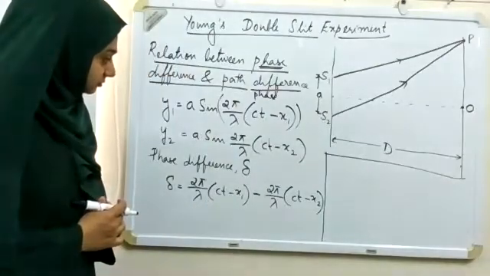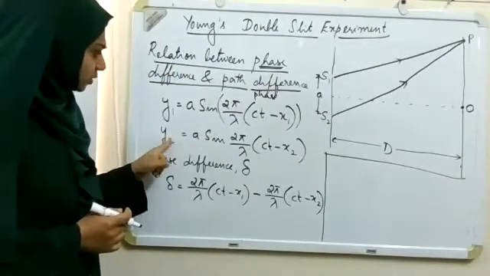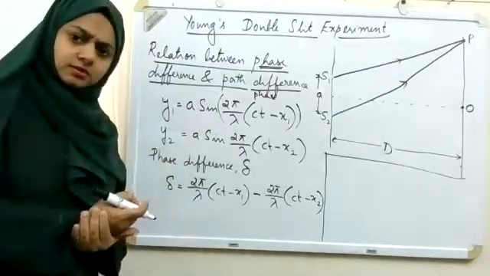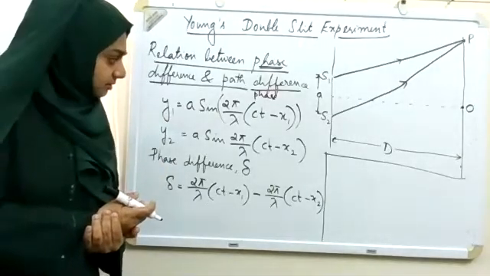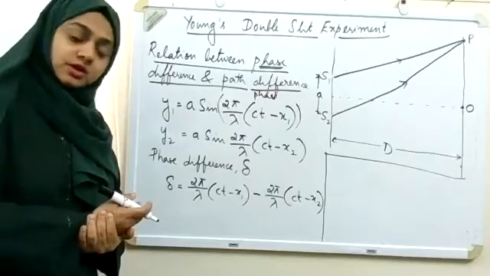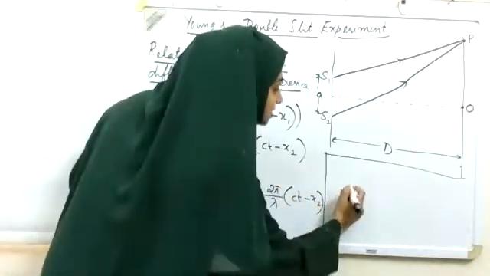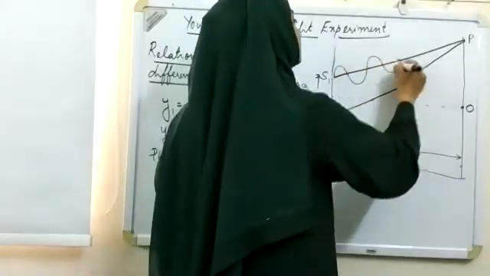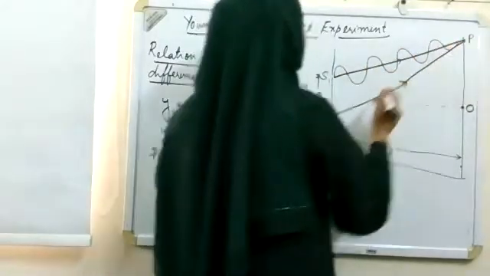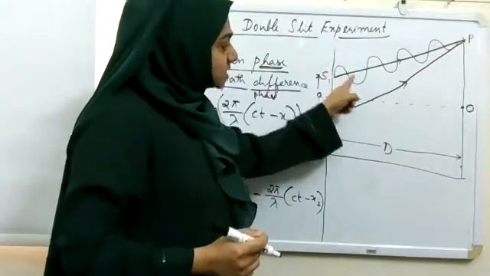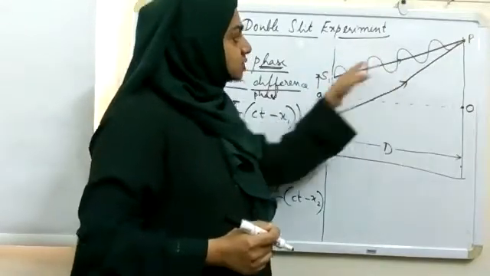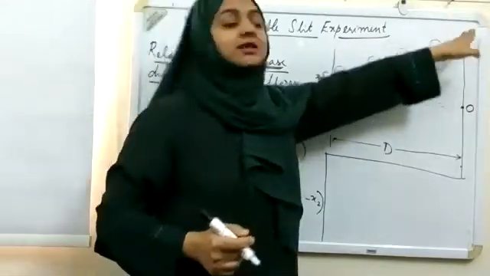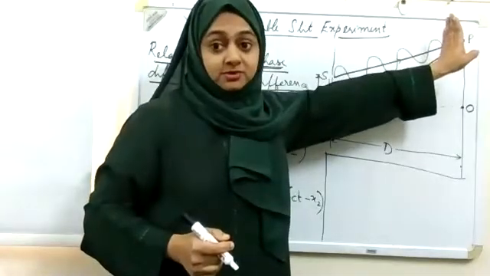What if y2 is greater than y1? It may not be. Why? Y means the displacement. Suppose from S1 to P a wave is going. Y means the displacement from this y axis, so it is continuously varying like a sine wave.